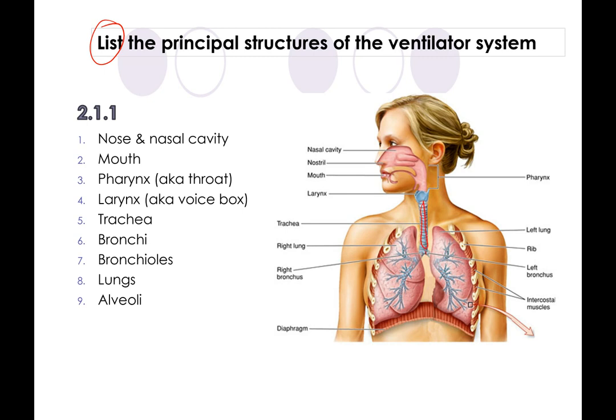When the trachea splits, it splits into right and left bronchi. Bronchus is the singular, bronchi is the plural. Bronchioles are just the smaller divisions after that, so all of these are called bronchioles. What we don't see in the diagram are alveoli. Those are the individual little air sacs, and we'll show those again on a future slide.